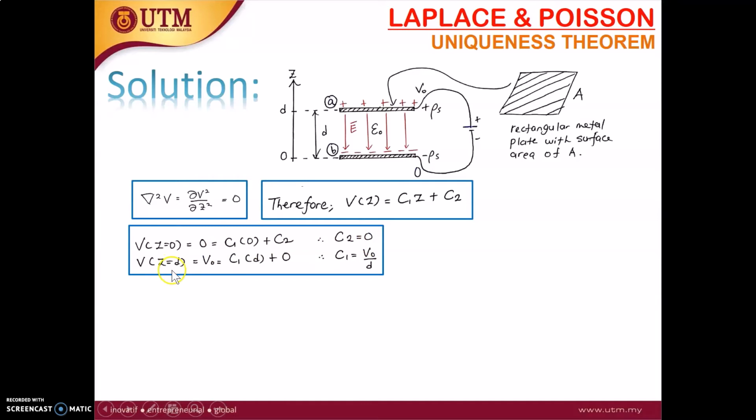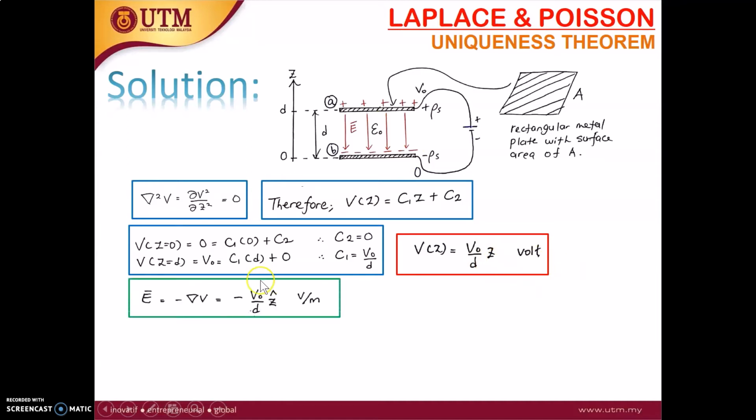When Z equal to D, we connect to V0, so V0 equals C1 D plus C2, which is 0. So you get C1 equal to V0 divided by D. This is the general expression of potential inside your dielectric material, which is V0 over D times Z volts.